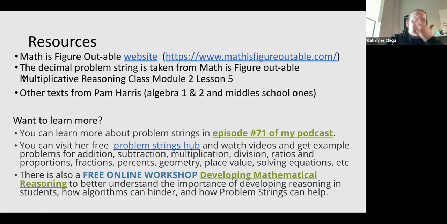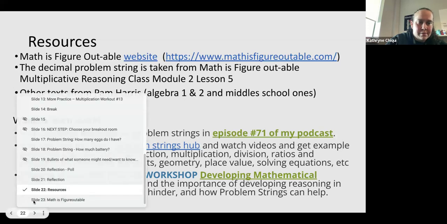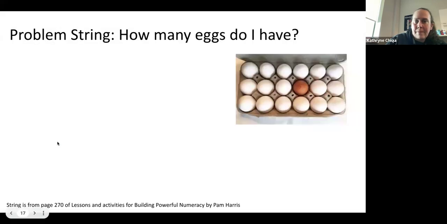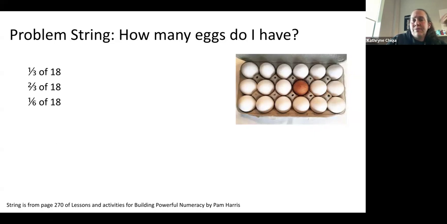One of the problem strings I was going to give you guys, just so you can preview it, was about how many eggs do I have? And giving the visual of being able to talk about a third of 18. What's 2/3 of 18? What's 1/6 of 18? What's 5/6 of 18?